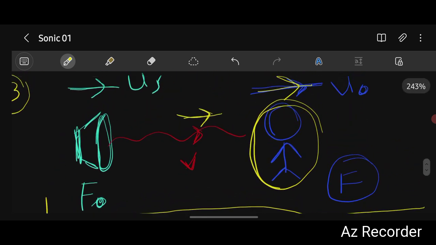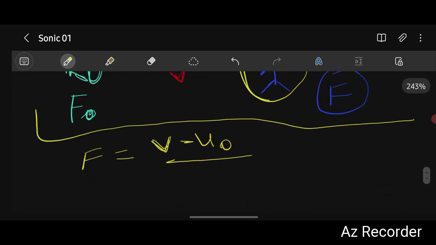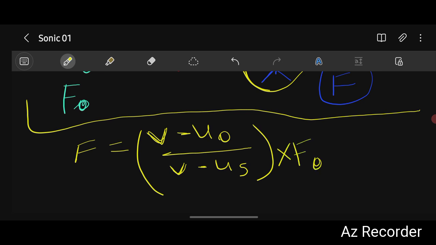Also, the source velocity direction and the air direction are towards this direction, so we subtract this, and multiply by the real frequency.